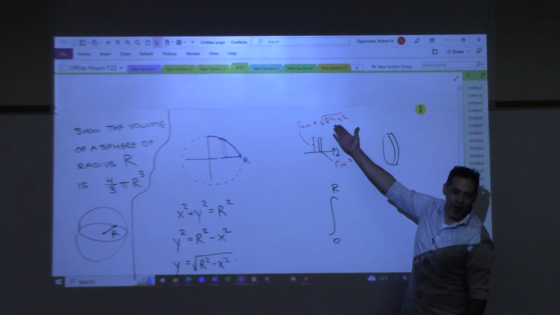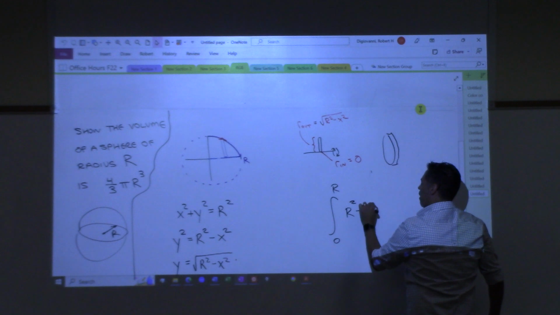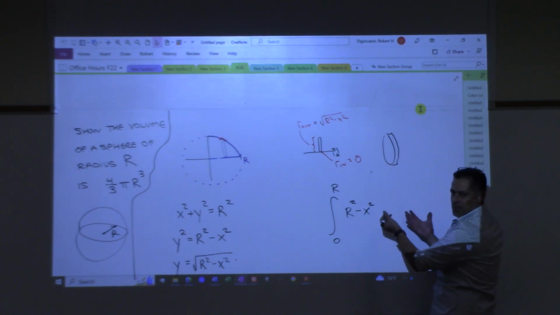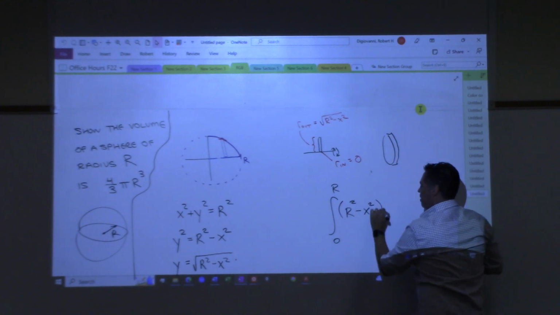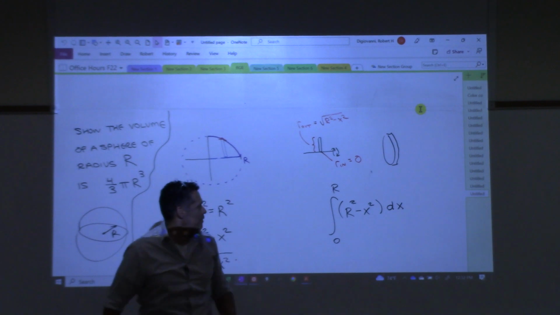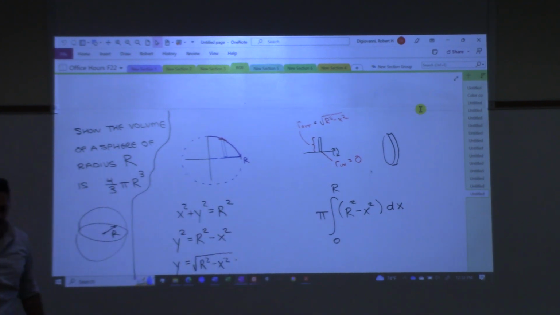Take that and square it, which kills the square root, which leaves you with R squared minus x squared, right? Minus what? 0? So just this dx. Oh, thank you. I forgot the pi. That would have been a problem.